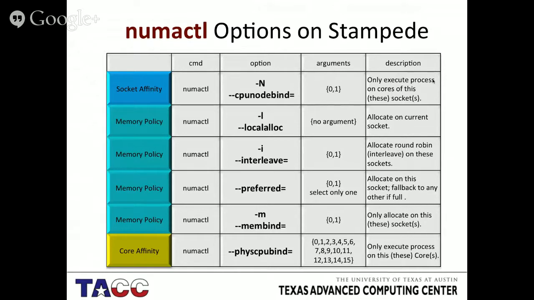Local allocation tends to work really well for most cases, unless you have very, very large shared objects or very, very large shared arrays where multiple threads are accessing from both sockets. In that case, probably using an interleaved setting works better, because that way, if you have to access something that is far away, it's not always that you have to access something far away, but on average, you're going to be averaging down the worst case scenario, essentially.